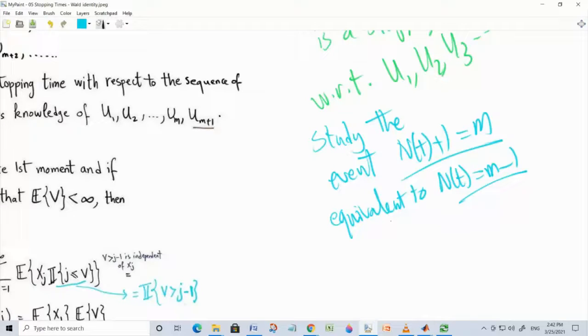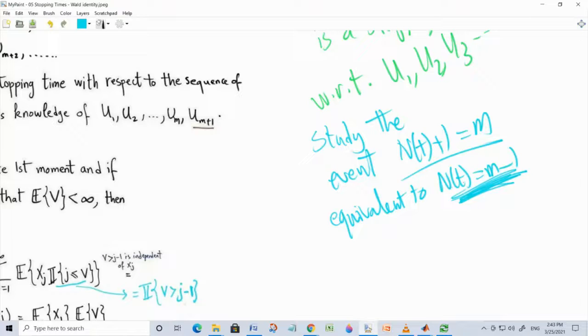What do you need to know to make sure that this statement, N of t is equal to m minus 1, is true or false? What are the inter-arrival times that, if you know them, you can judge this proposition and assign to it either true or false?